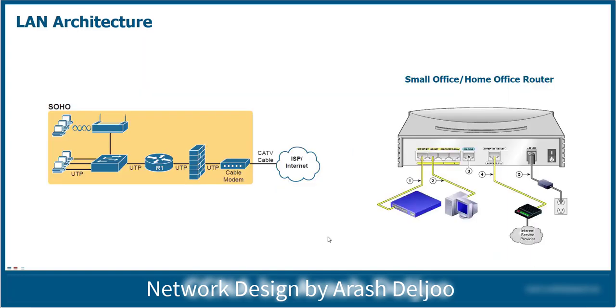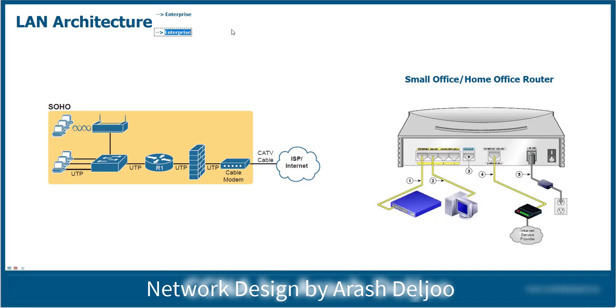Okay, let me talk about the small office, home office, and also the devices that we are using in the SOHO network. You know that LAN architecture is related to the LAN design, or LAN components, in the enterprise and also in smaller places such as, for example, one simple office with a small number of employees, and also maybe a home.